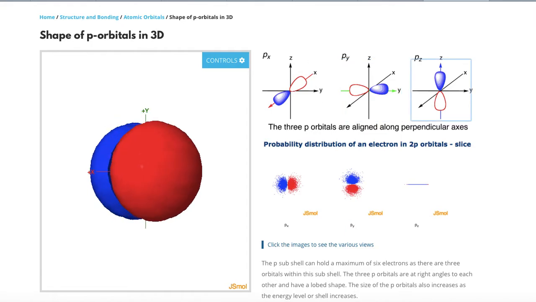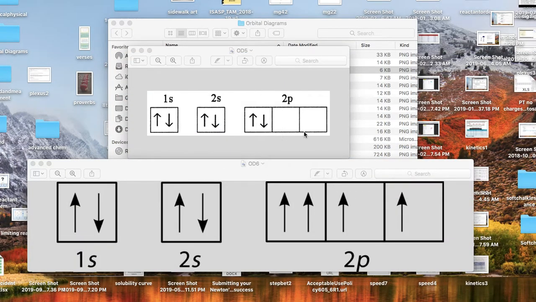All right, so this is showing us that there's 3 different p orbitals. Okay, this is like the crazy person that just sat with you on the bus when there were available seats open. There's available orbitals open. This is not going to happen. This electron is not going to want to be next to this one because they're the exact same charge, so they're going to repel. This one right here is a violation of Hund's rule.